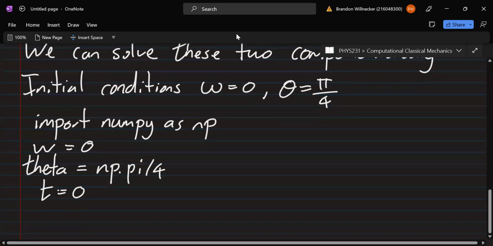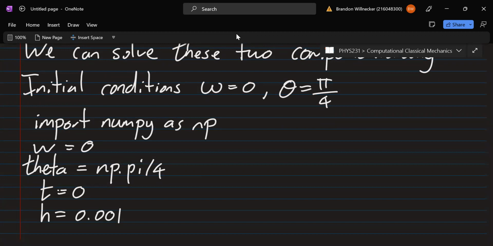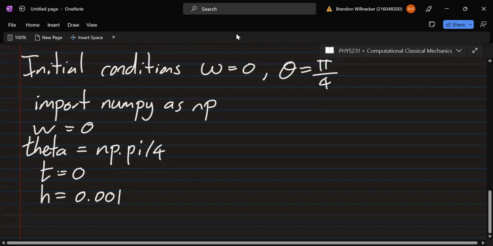Time step, let's say h is 0.001. Of course you can set that to something else. It's a bit of trial and error finding this h value, but something sufficiently small like this should be perfectly fine.